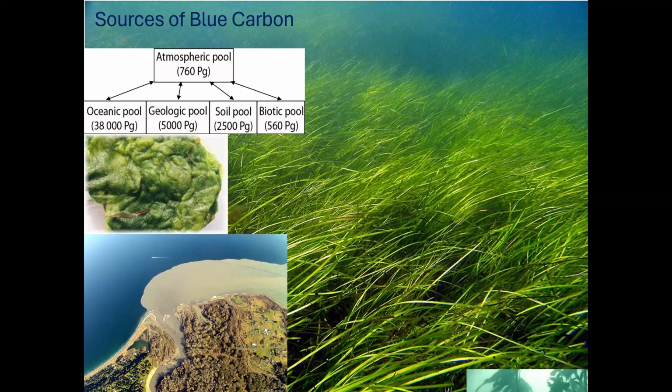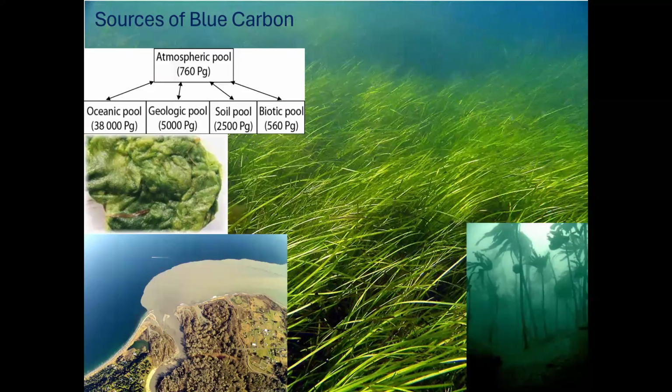sequestration in the soils. In areas where you've got macroalgal beds, that one's a kelp, so less likely to be co-occurring with mangroves, but other macroalgal beds, some of that will be washed up, particularly during periods of high storm activity, and that can be deposited on the mangroves.